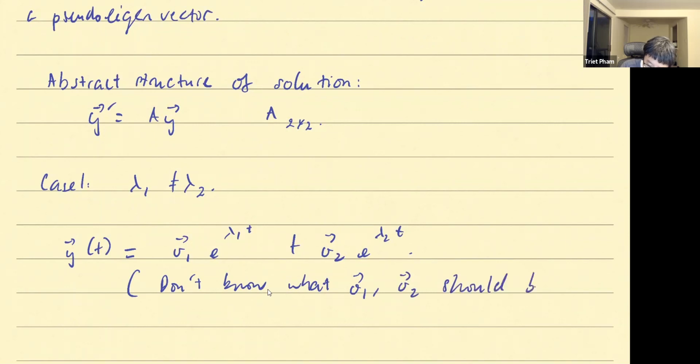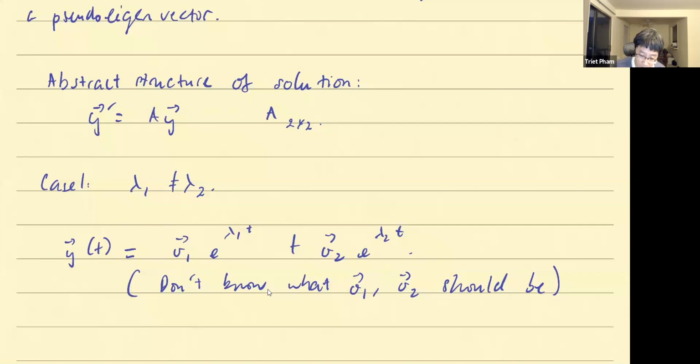We know what they are, but pretend that we don't. The mistake I made last time was to impose a C1 and C2 in front, like what we're used to for solutions. What I want to do now is not have the C1, C2, and that's the right way to think about it, because here I just want to look at v1 and v2 as generic vectors.